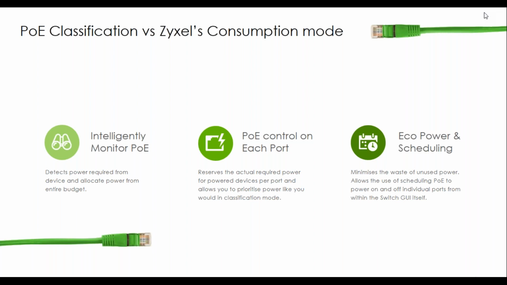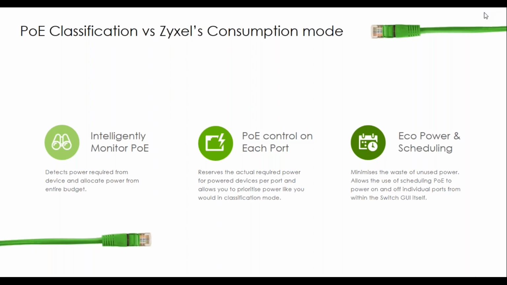It's just a simple calculation. Without this consumption mode, you have, let's say, 170 watts on a 1900 switch, and the standard of the connected devices is AT, which means 30 watts. You could connect a maximum of 5 devices. 5 times 30 is 150, and you have a 170 watt power budget, which is quite annoying if you have an access point which only draws 7 watts, for instance.